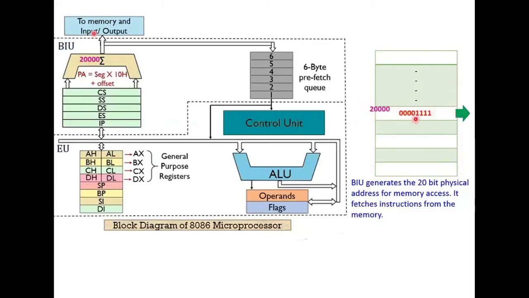So first to fetch this information, what you need? You need an address, 20-bit address, to access this memory location. In this memory location, my required information is there. So first I need a physical address, 20-bit physical address, right? So see this adder circuit.